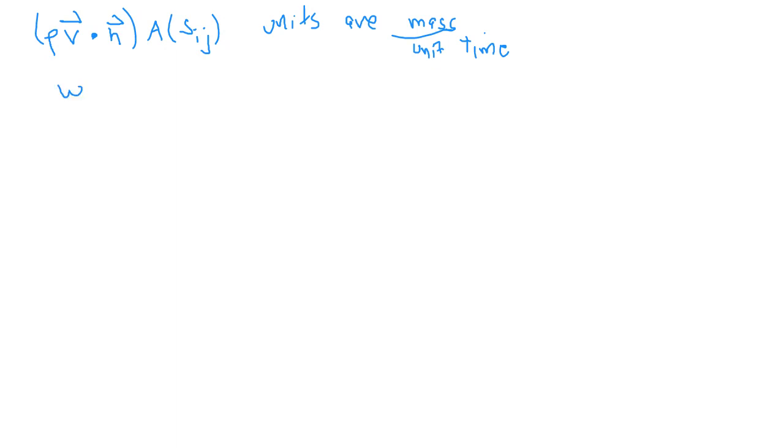So why is this? Well, first of all, let's look at rho times the velocity field. The units for rho are mass per volume. So density is mass divided by volume, right?